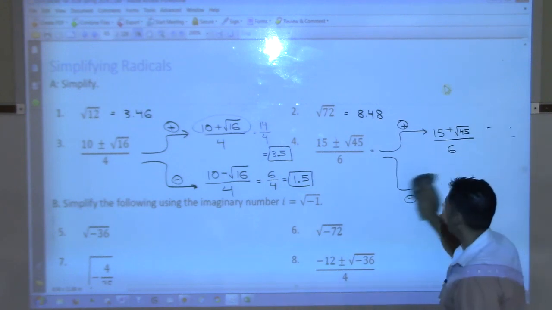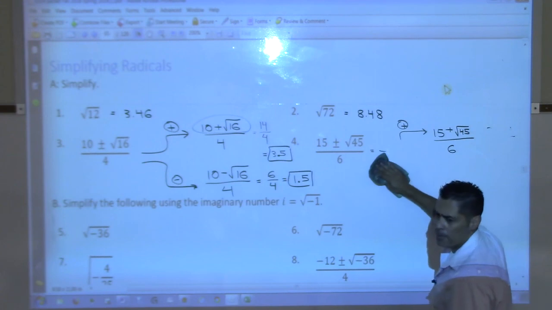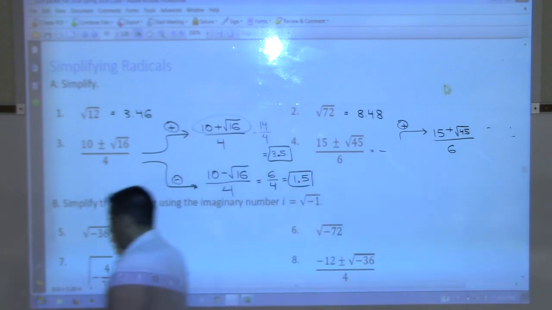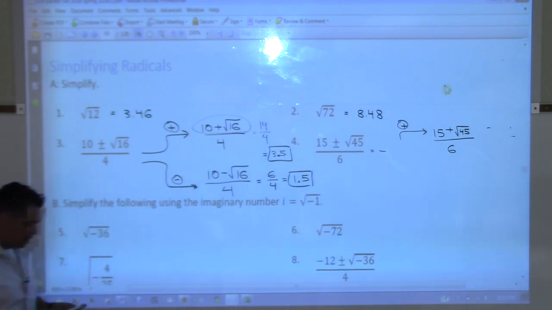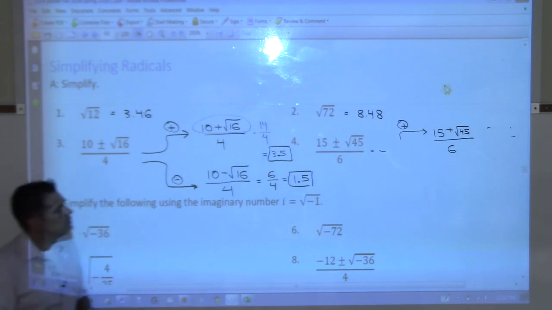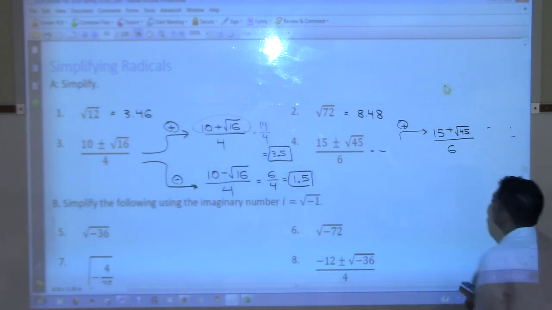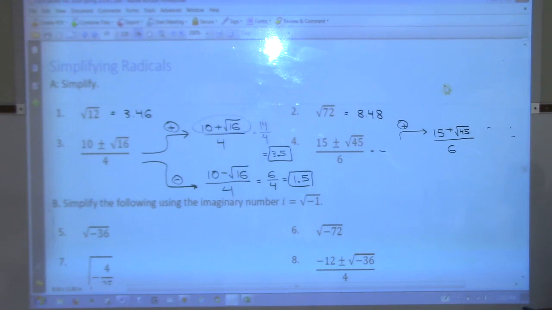So for the bottom one, I got 1.18. You got 1.18? Yeah. Okay. 1.118? Let me see. Well, no, it's because I'm probably putting it in my calculator like, I don't put the 15 plus root 45 or the 15 minus root 45 as one. I do the square root, and then I add that to the 15.